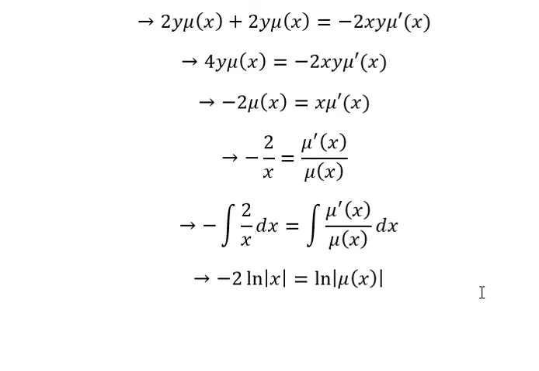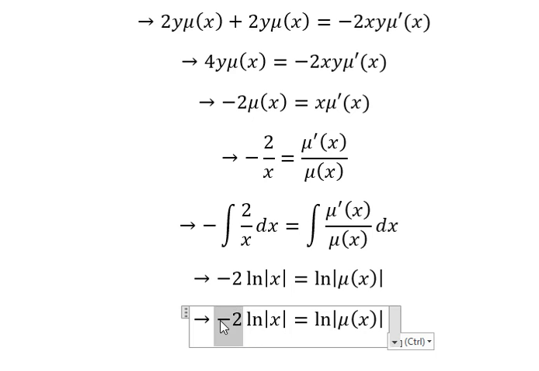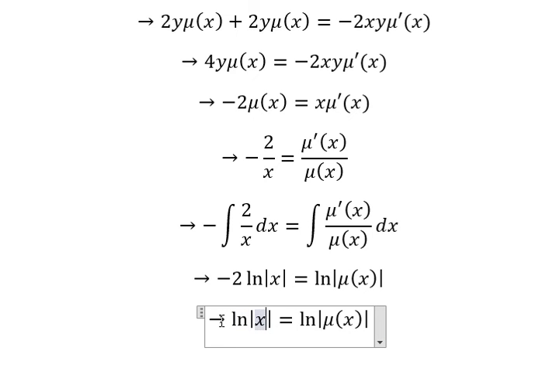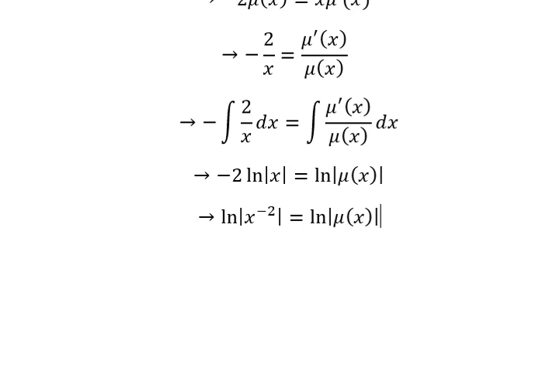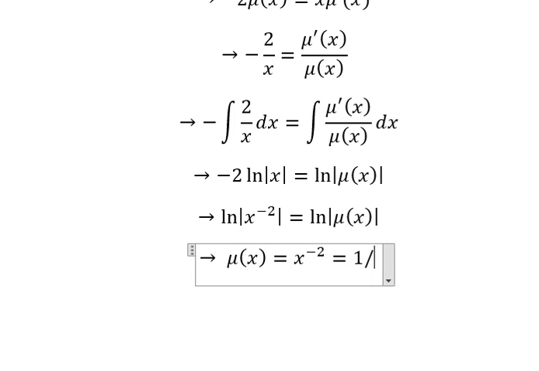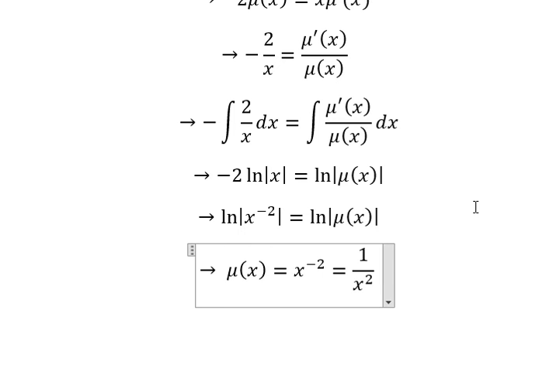Next, I will put negative number 2 inside the natural log in here. So we have mu s equals to s to the power of negative number 2. So we have 1 over s squared.